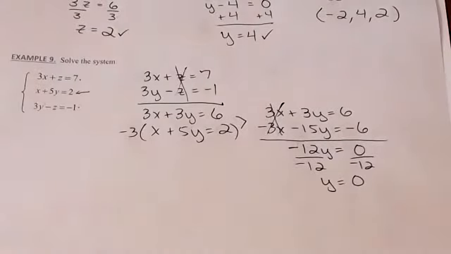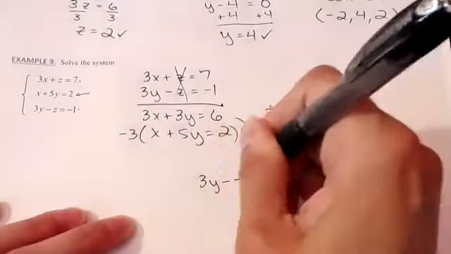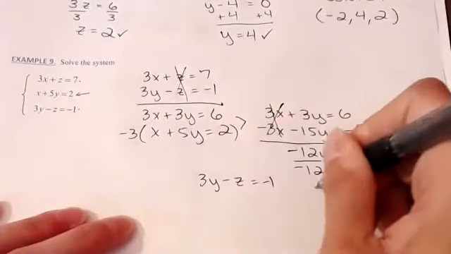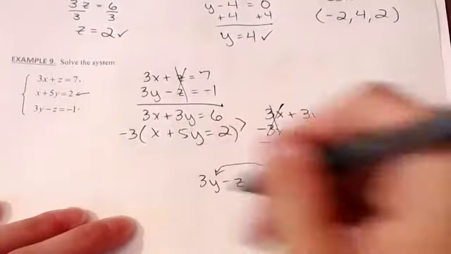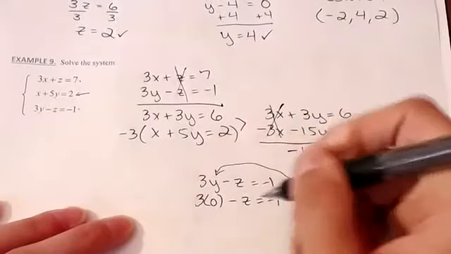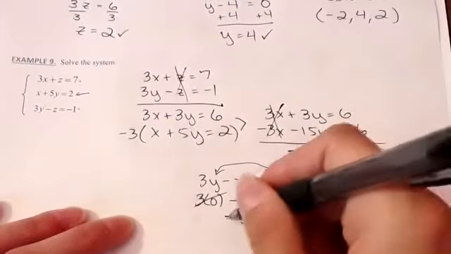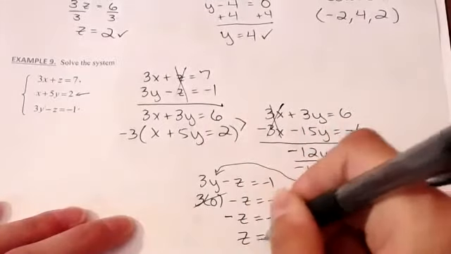I would have done that myself too, only because it seems like it would be the easiest out of the three, really, or maybe not. It doesn't matter. So I'm going to take the 3y minus z is equal to -1, and I'm going to go ahead and plug that in. So we have 3 times 0 minus z is equal to -1. That goes away. -z is equal to -1, which means if you divide both sides by -1, z is equal to +1.